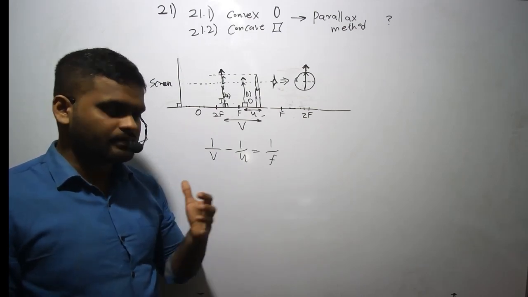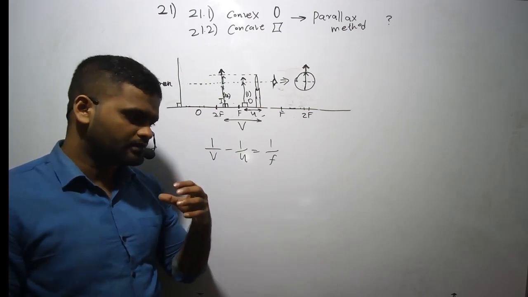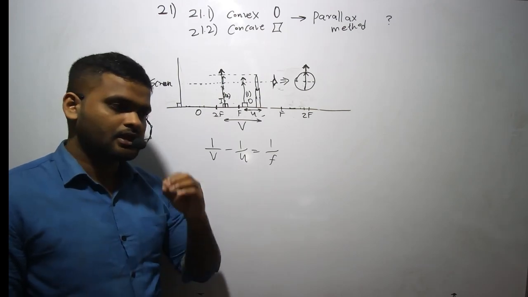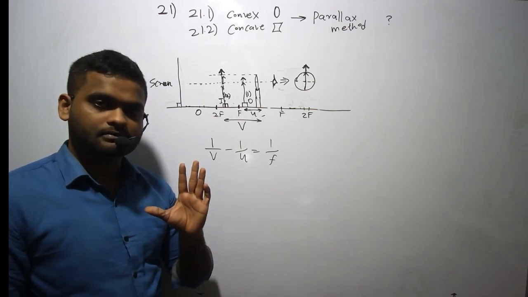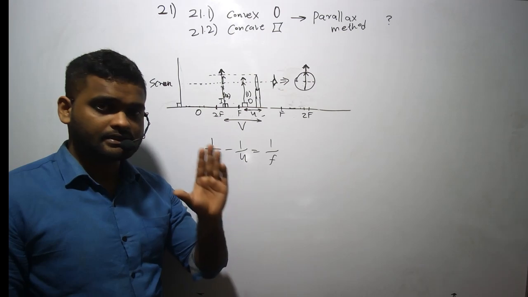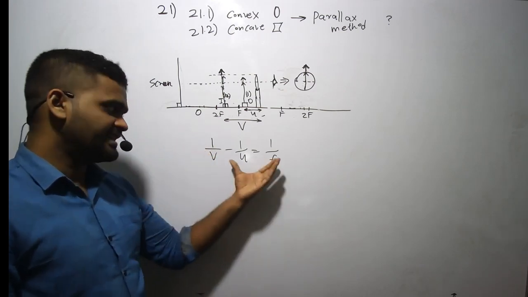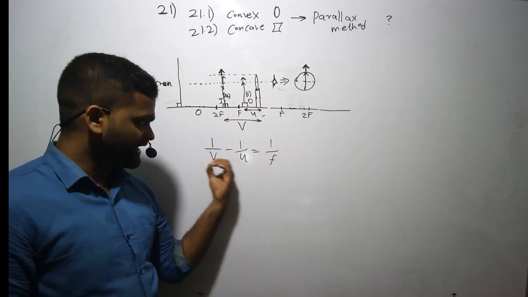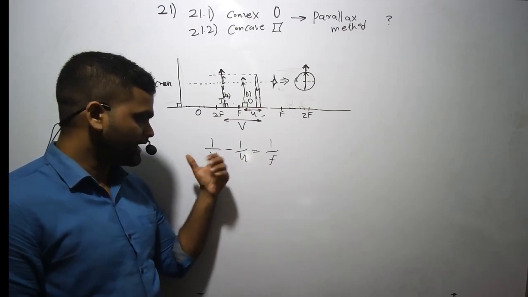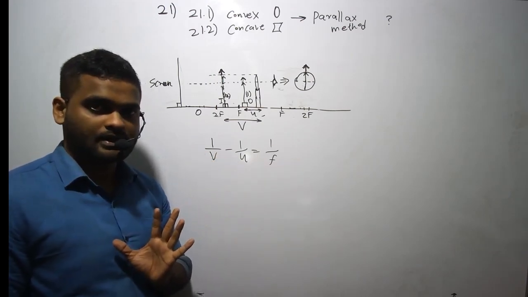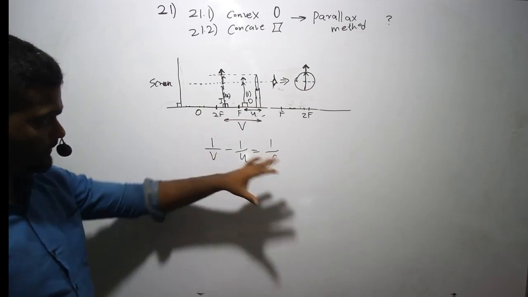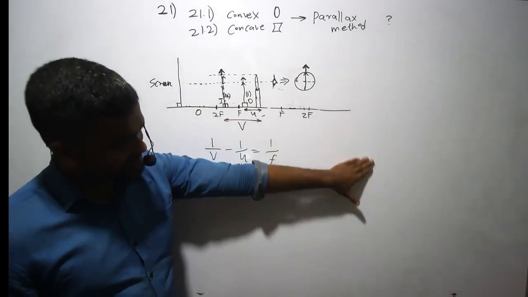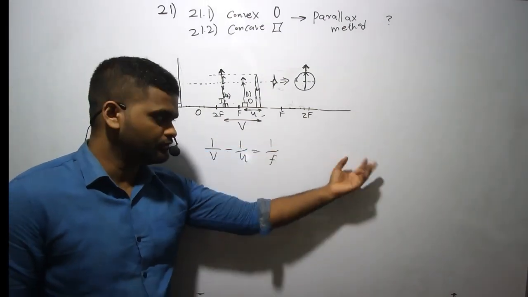So here I'm not going to use a sign convention, right? When you are drawing graphs, usually if they don't specifically say, you don't use the sign convention, you just get this equation and draw the graph using it. But when you are assigning numerical values, you will use the sign convention.